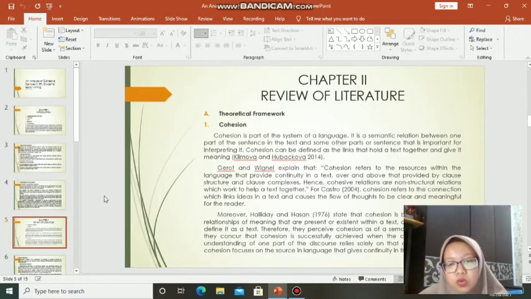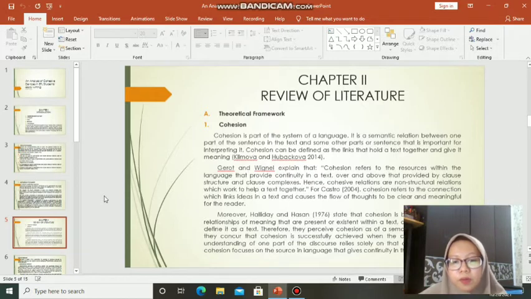While Castro, 2004, says cohesion refers to the connection which links ideas in a text and causes the flow of thoughts to be clear and meaningful for the reader. Moreover, Halliday and Hasan state that cohesion is best defined as the relationships of meaning that are present within a text and that shape and define it as a text.